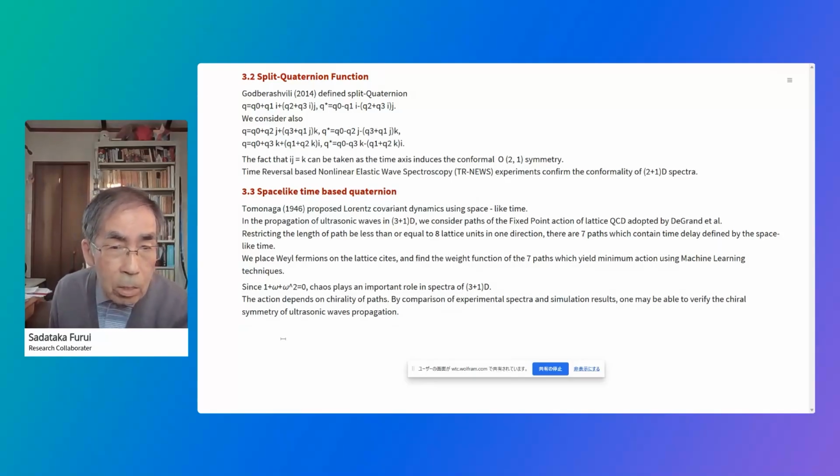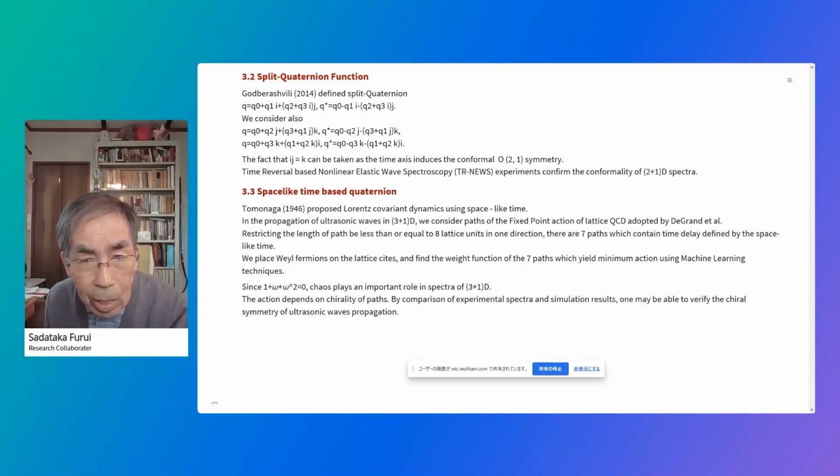In the propagation of ultrasonic wave in 2-dimensional, we consider paths of the fixed point action of lattice QCD adopted by Dugrand et al., and restricting the length of the path to be less than or equal to 8 lattice units in one direction. Then there are 7 paths which contain time delay defined by the space-like time.